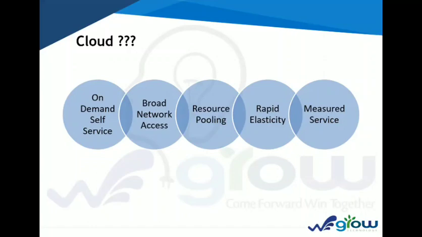Okay, broad network access. If you're traveling in a train, a car, a bus, or a flight, say, for example, and you want to access your server immediately, you can access the AWS instance from anywhere, right? That is broad network access.